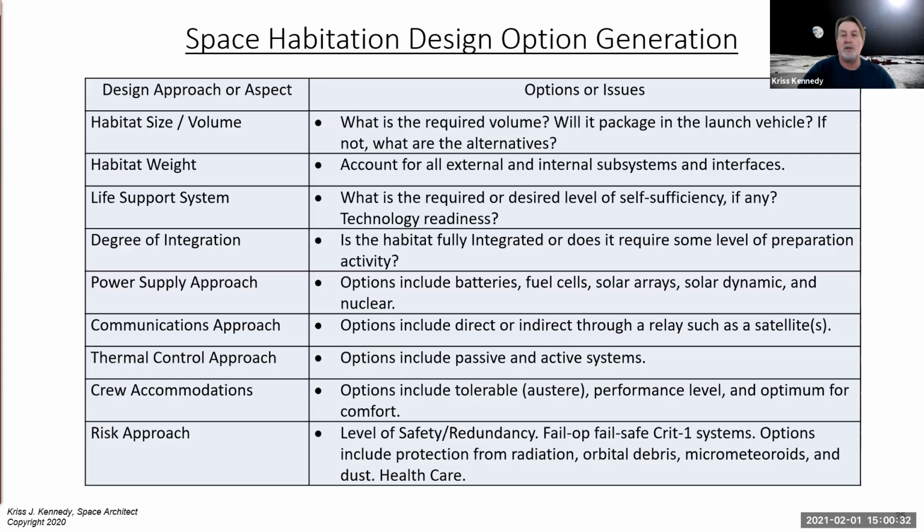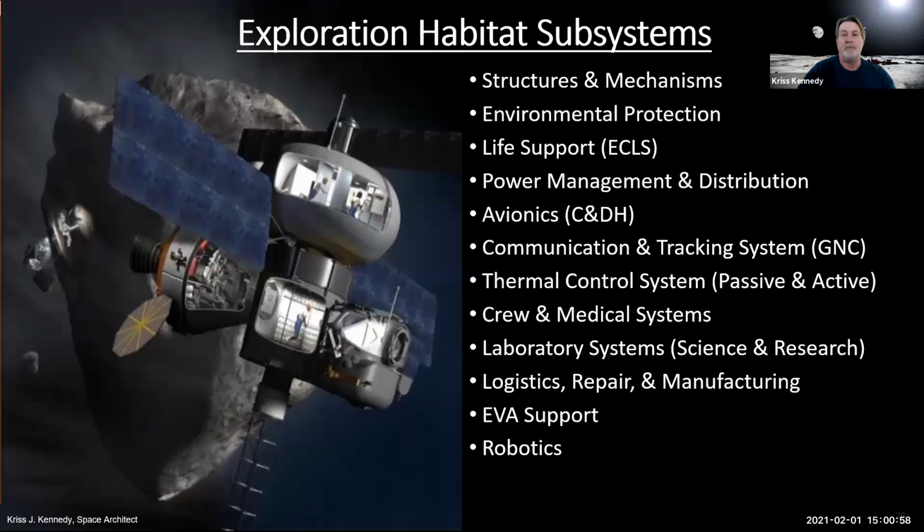Crew accommodations tend to look at things as tolerable, which is austere, performance-based, or optimal for comfort. And then the risk approach, again, thinking about the level of safety and redundancy: fail-op, fail-safe for Crit 1 systems. Options include protection from radiation, orbital debris, micrometeoroid, and dust, and healthcare should be included.